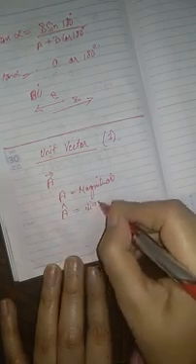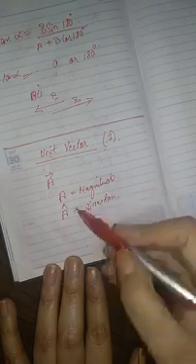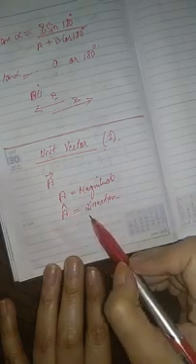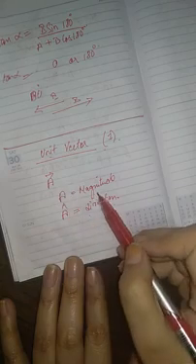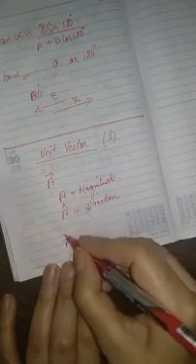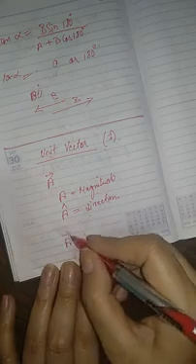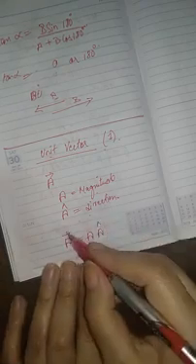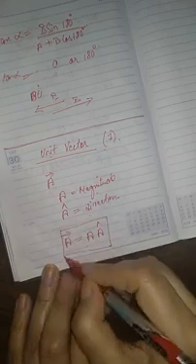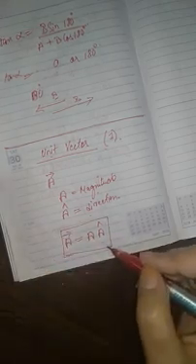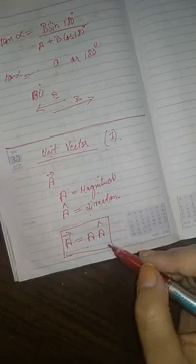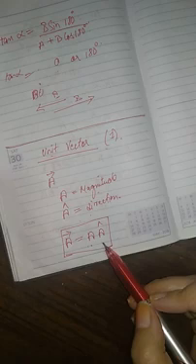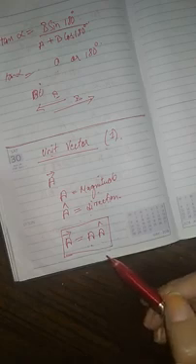A cap gives the direction. So any alphabet with a cap means the direction, and without the arrow it means the magnitude. So a unit vector is a composition of magnitude and direction. This is one of the important formulas: any vector in the direction of a unit vector may be written as the product of the unit vector and the scalar magnitude of that vector.